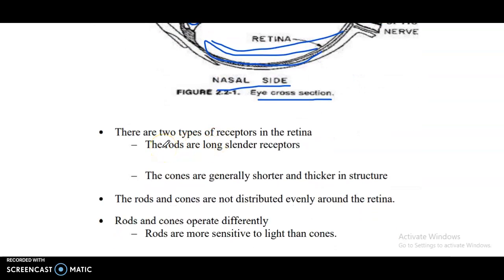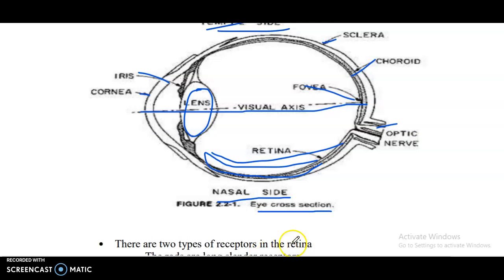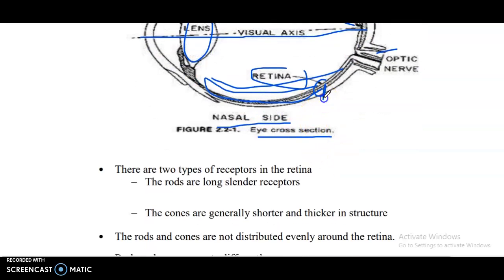There are two types of receptors in the retina. Where is the retina? Here. Two types of receptors in the retina: rods and cones. Rods are long cylinders.